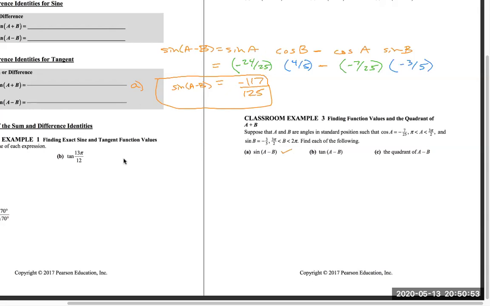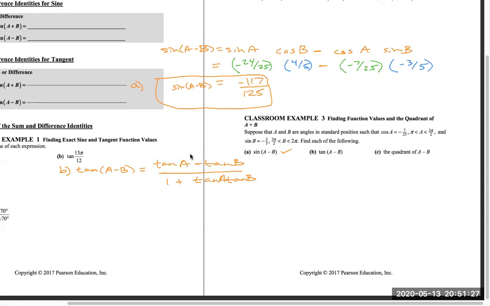Next is part B. Tangent A minus B, remember we discussed these formulas last time. You can use the tangent formulas if you want to: tan A minus tan B over 1 plus tan A tan B, and then same sign on top, opposite sign on bottom.